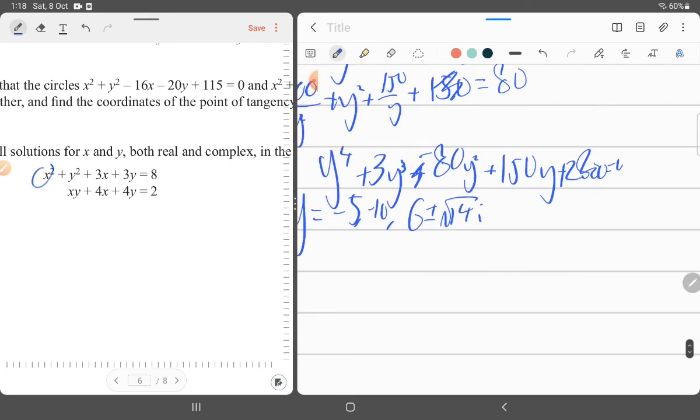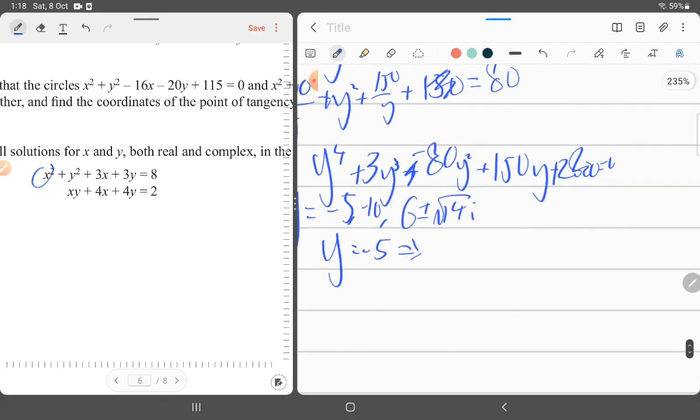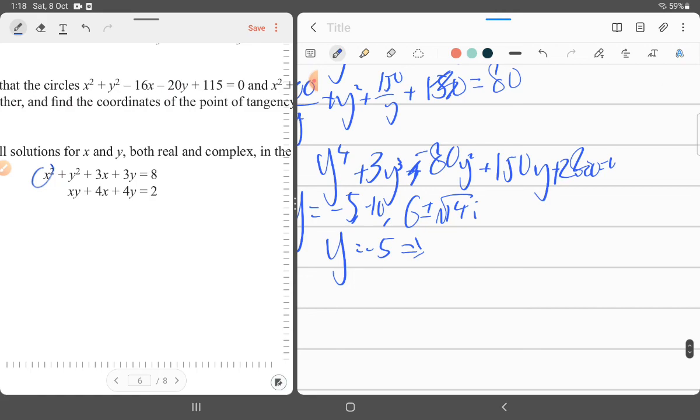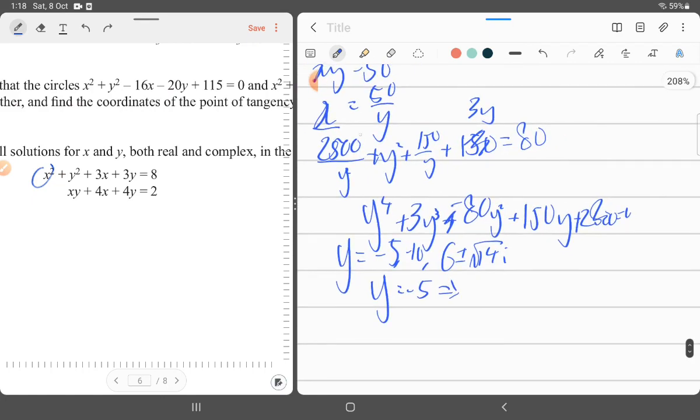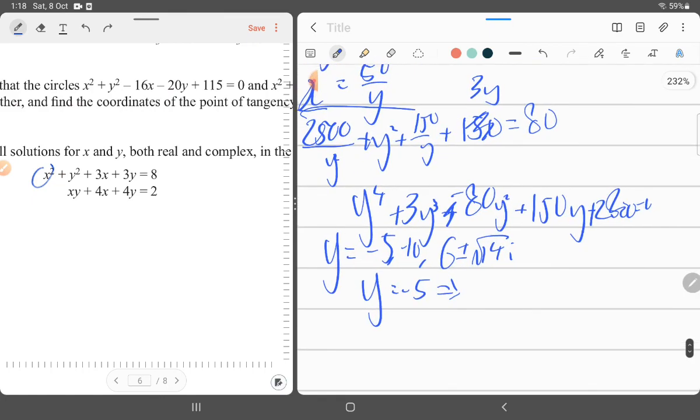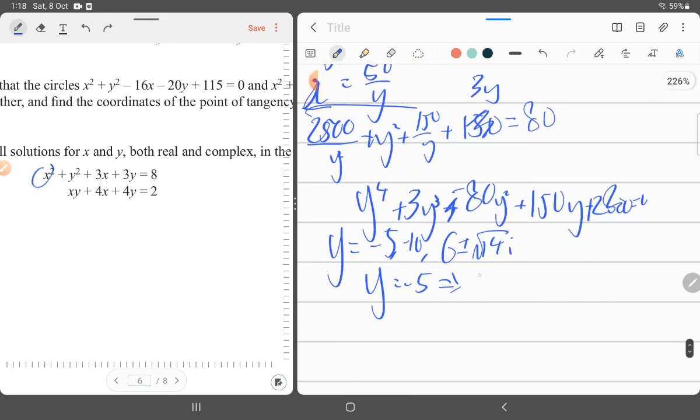So y equals negative 5 creates, right, 25 take away 15, which is 10. Oh no way, surely there's an easier substitution. Oh no, there literally is. x equals negative 10, x equals 5.